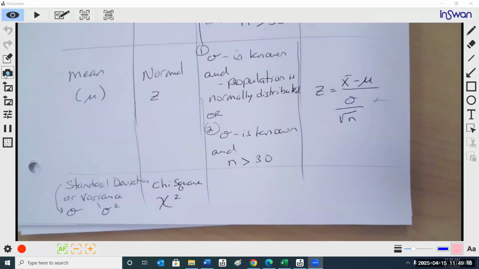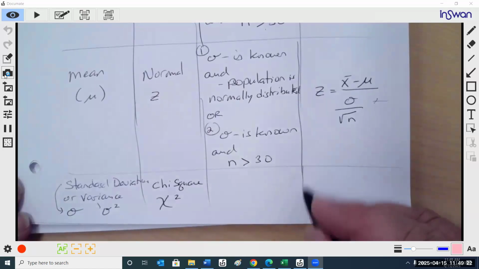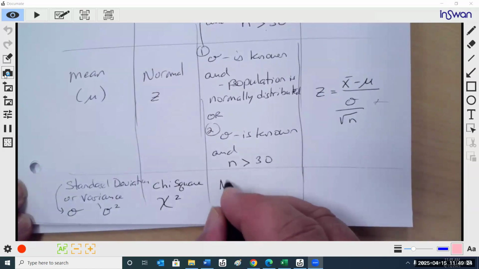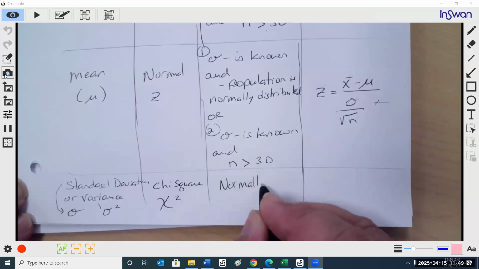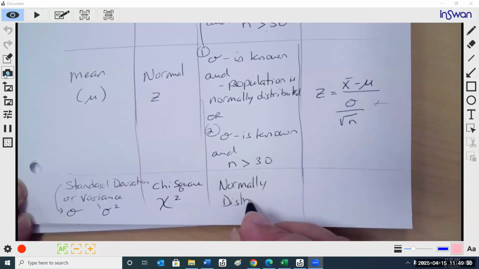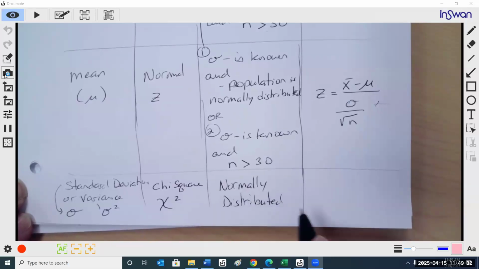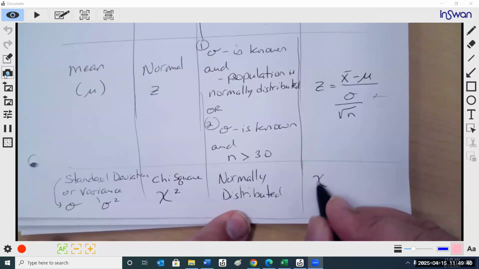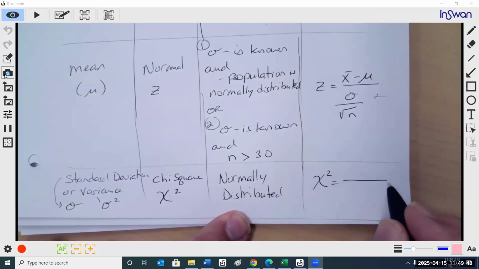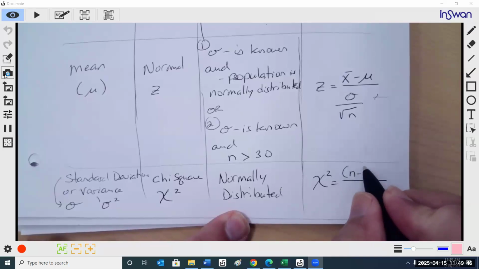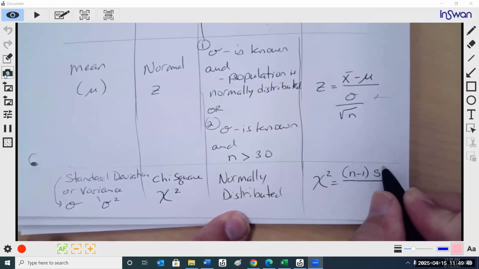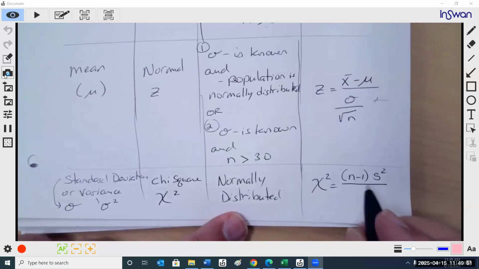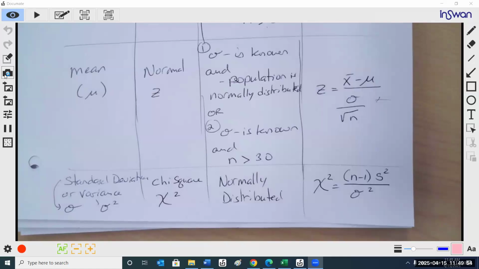We'll use that test. It has to be normally distributed. That's the only condition. The formula for chi-squared is n minus 1 times the sample standard deviation squared over the population standard deviation squared.